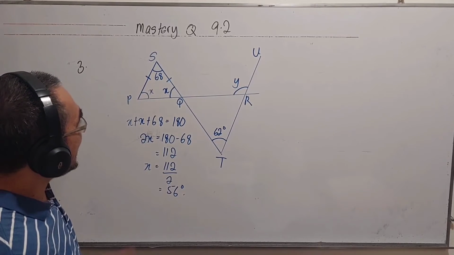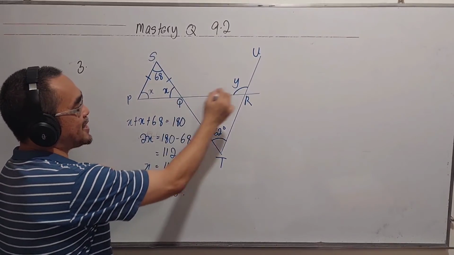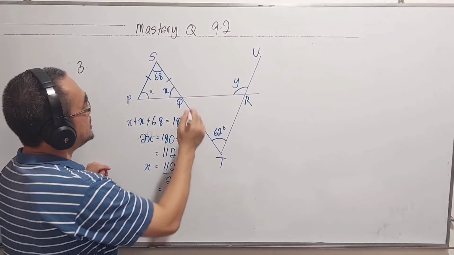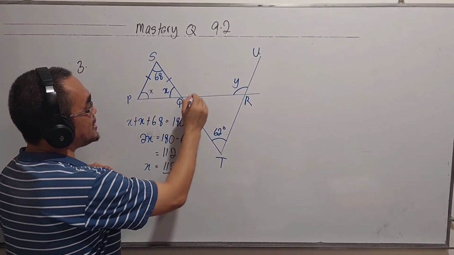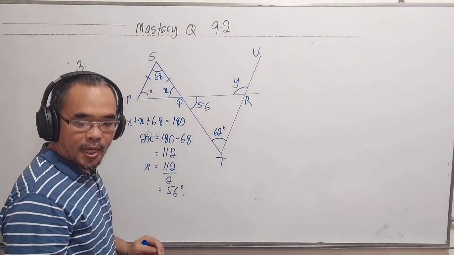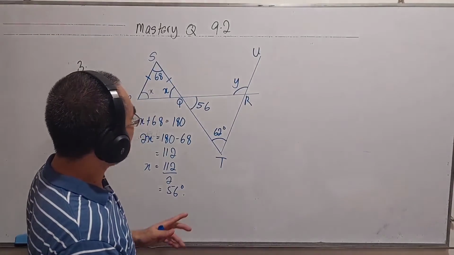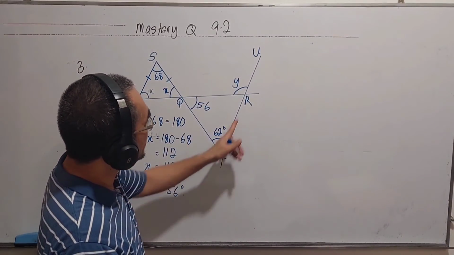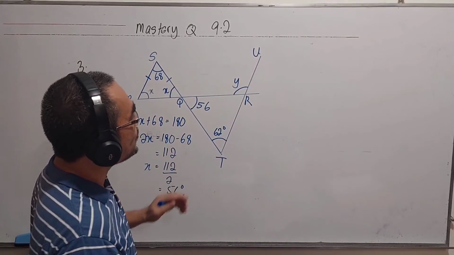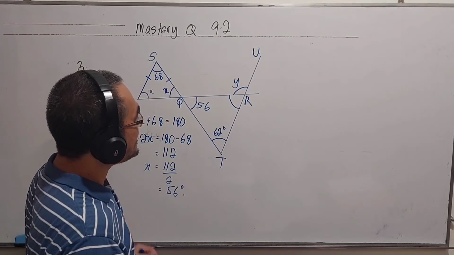Okay. Then, in order to solve Y, we have to solve the triangle first. We have X 56. This is also 56 degrees, from the syllabus that you learned earlier. In this case, QT is not equal to TR, so we do not know what is the angle here. So we can find the angle here first.